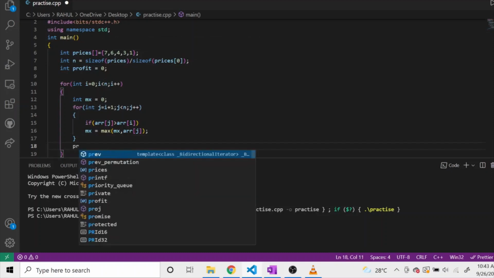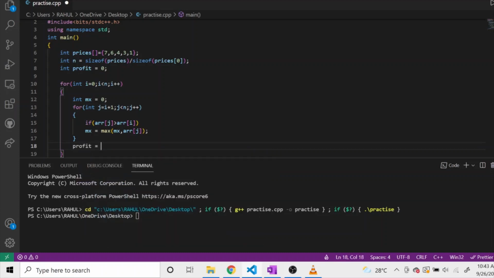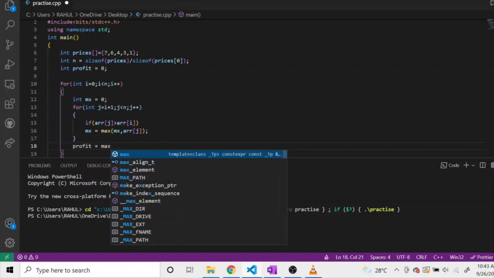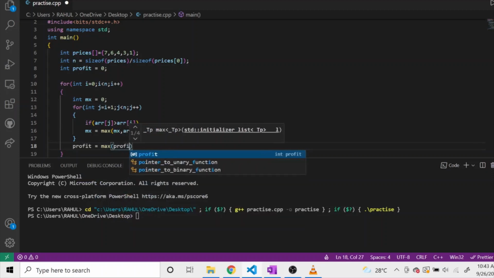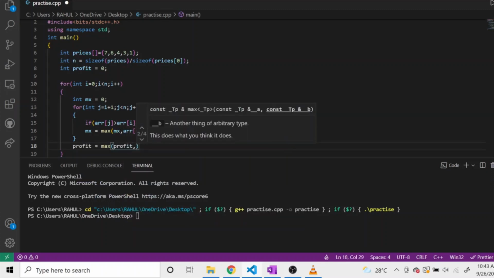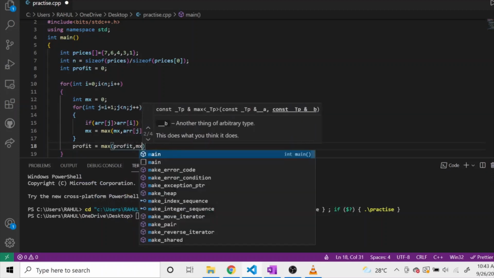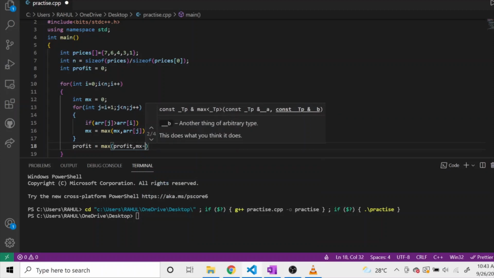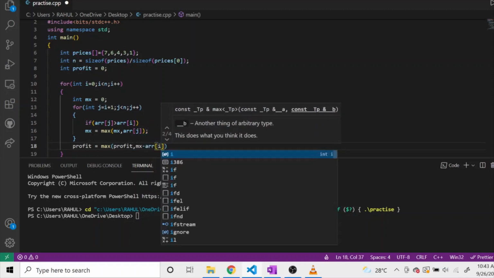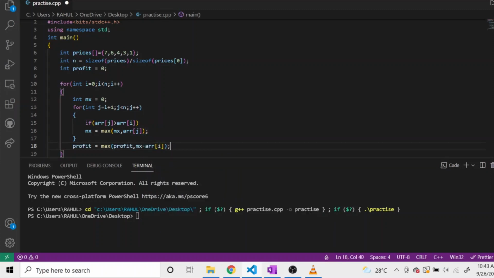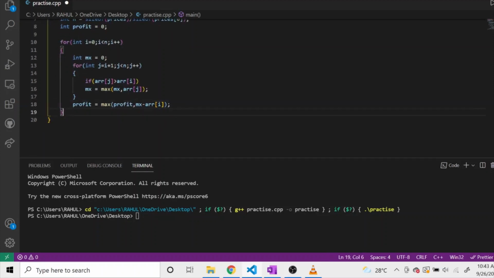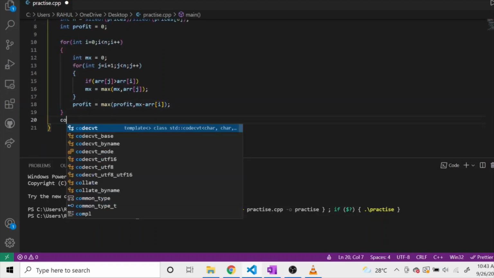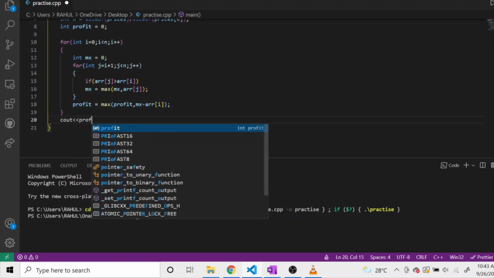So finally we will calculate our profit by taking the maximum of whatever our previous profit was and our current profit, to check if our current profit is greater than the previous profit. If it is, then we will update the value of our profit. And now we will do cout profit.